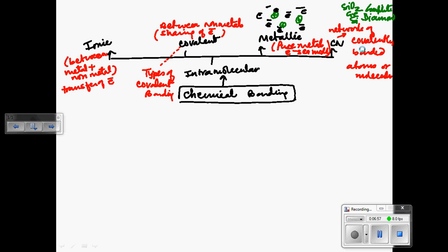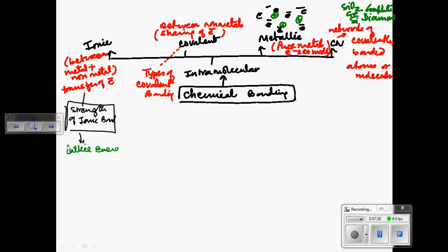All right, now coming back to ionic bonds, let's elaborate a little bit on ionic bonds. I want to talk about the strength of ionic bond. And strength of ionic bond is determined by something called lattice energy.